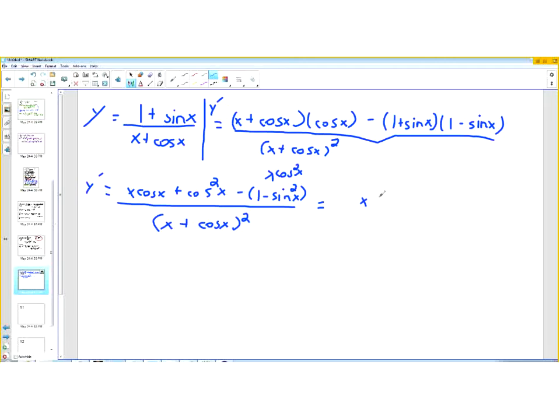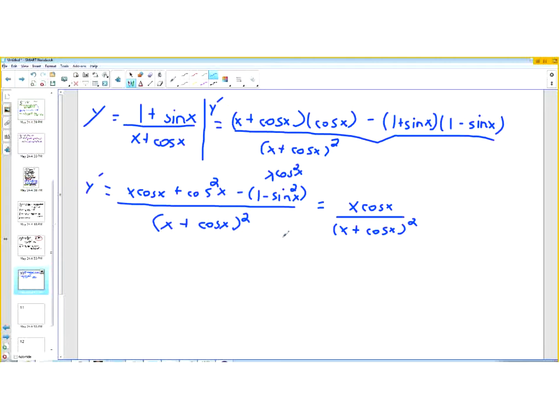So we're left with x cosine x divided by x plus cosine x squared. Okay, and leave the answer like that.